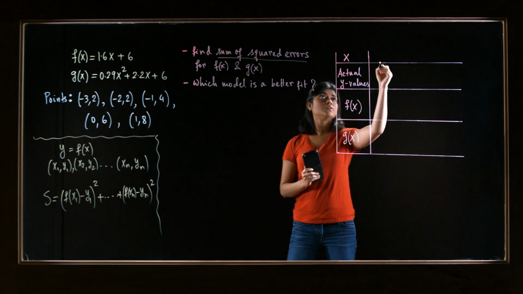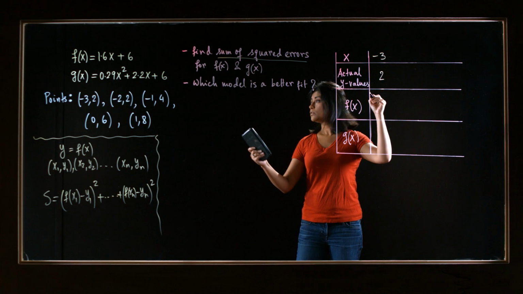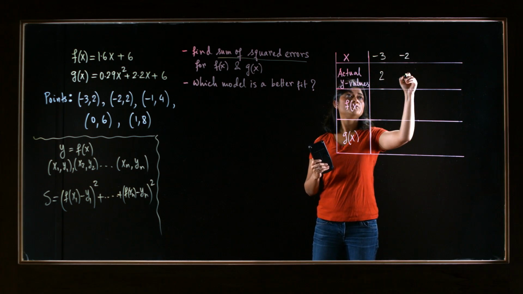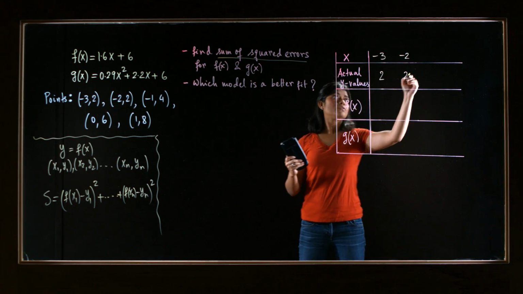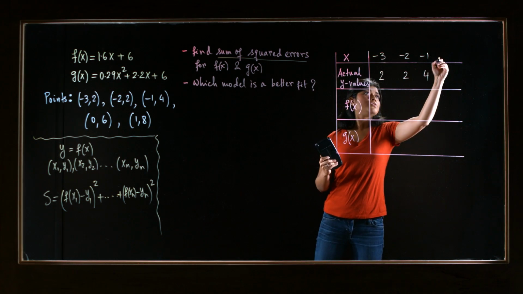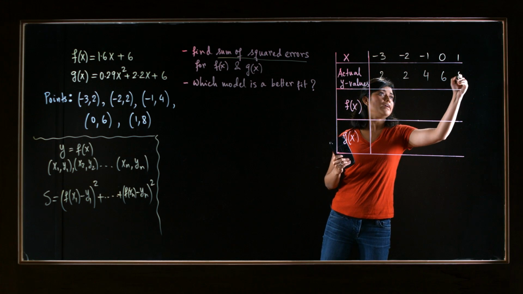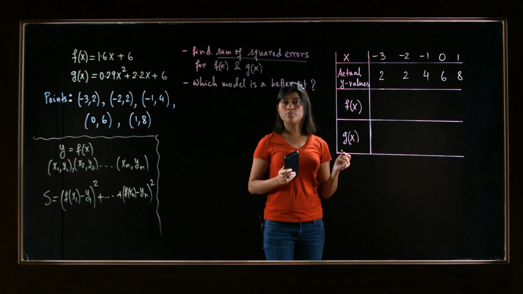So we will have -3 and the corresponding y is 2, then -2, 2, -1, 4, 0, 6, and 1, 8. So those are our points.